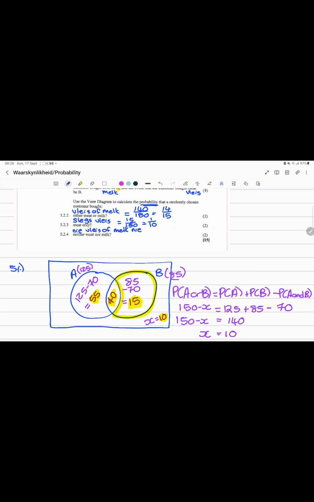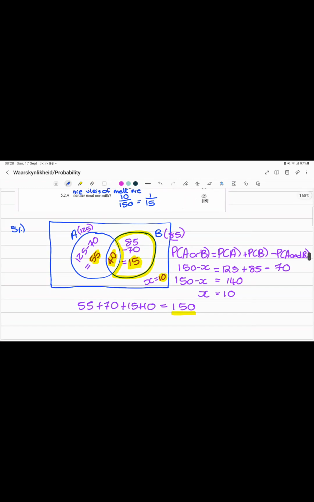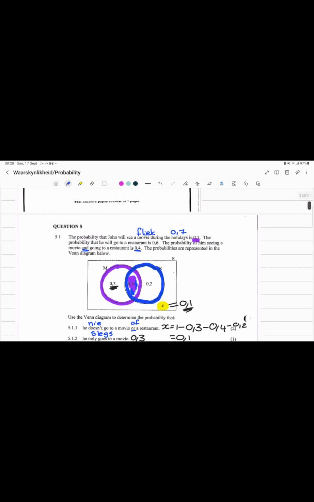And then the last question: what's the probability of them buying neither meat nor milk? We want to know the probability of not buying anything. That will be my X, which is 10 over 150, which will give me 1 over 50. And there you have it, full marks, 15 out of 15. That is for question 5.2 and 5.1.